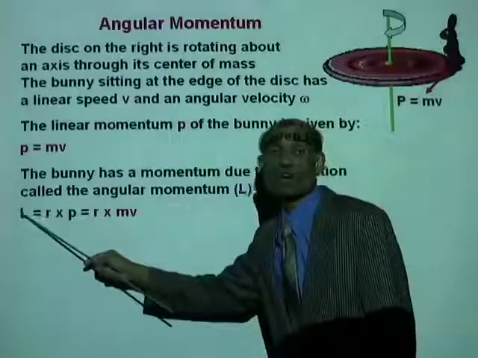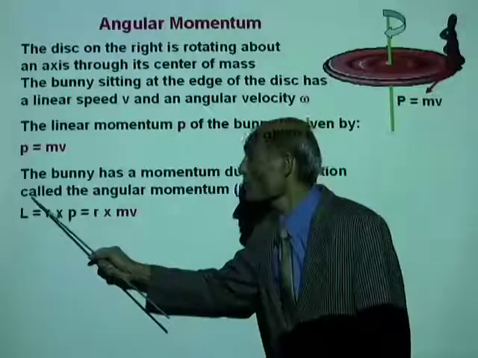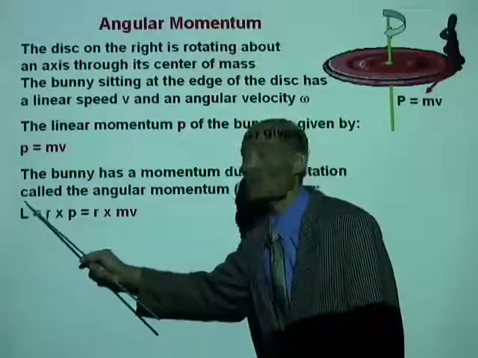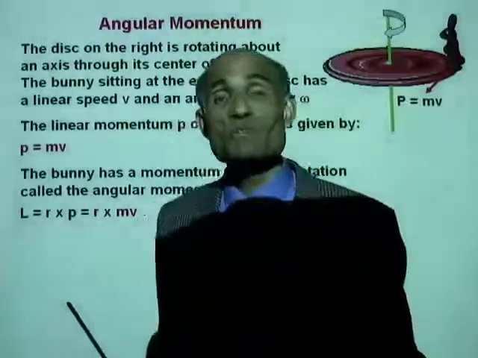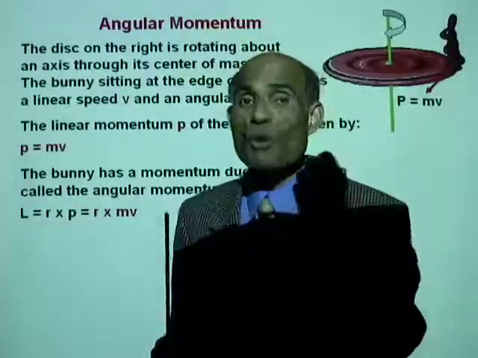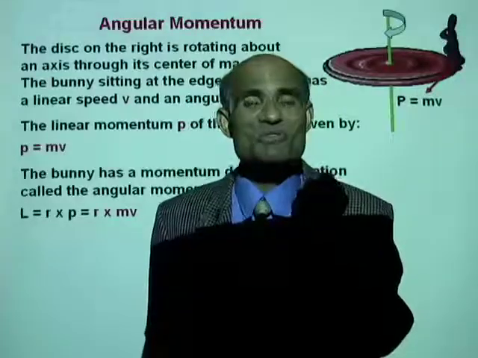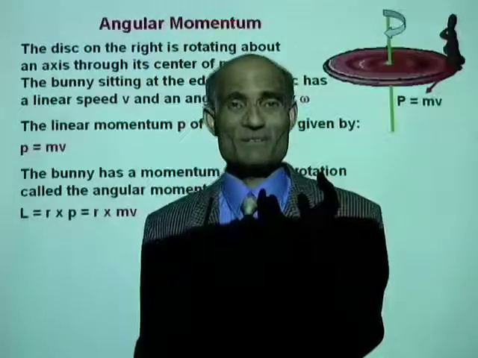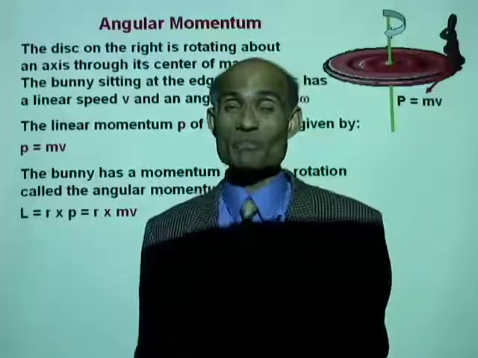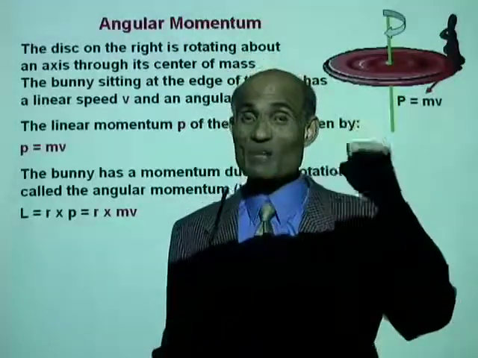So look at the representation of the angular momentum: it is L. I told you some time ago that all the quantities in rotational motion are represented by Greek letters. So far we represented everything by Greek letters.